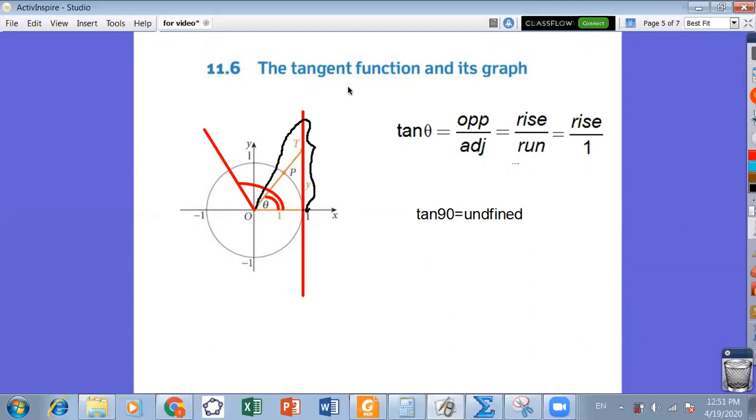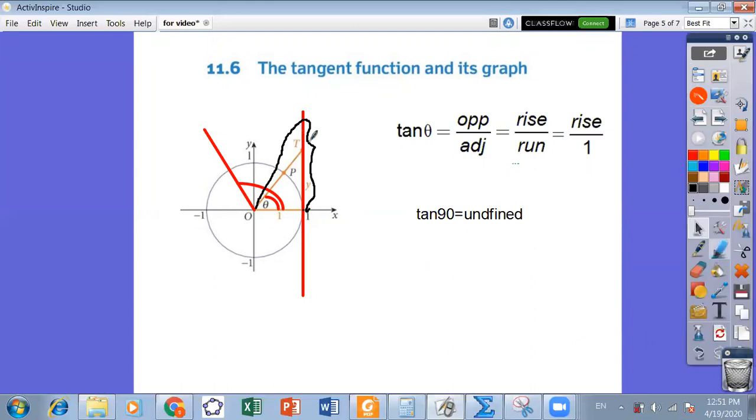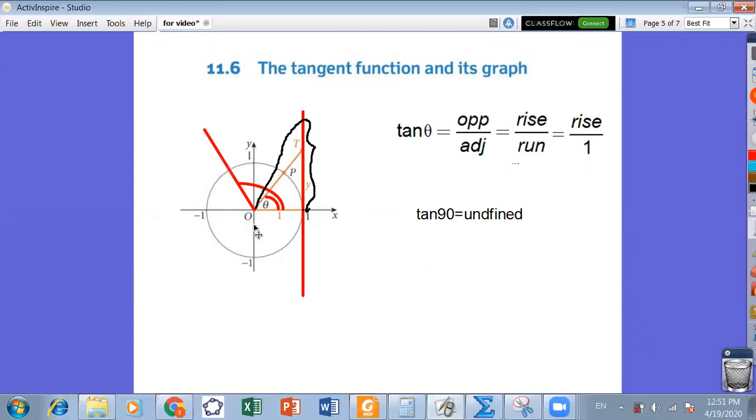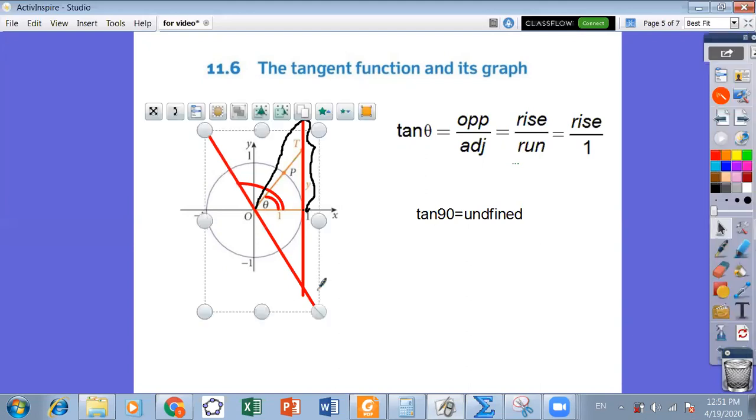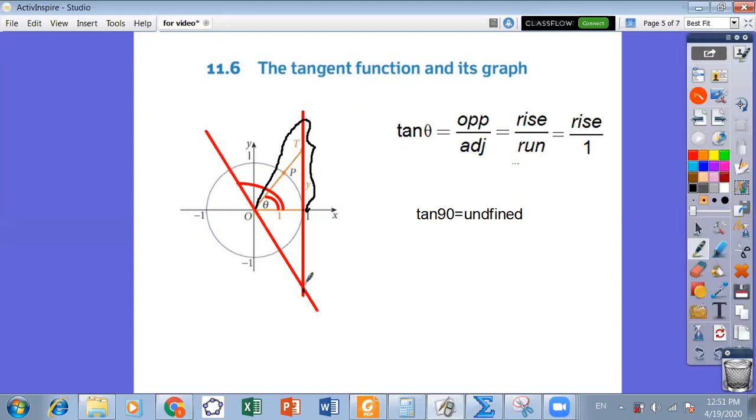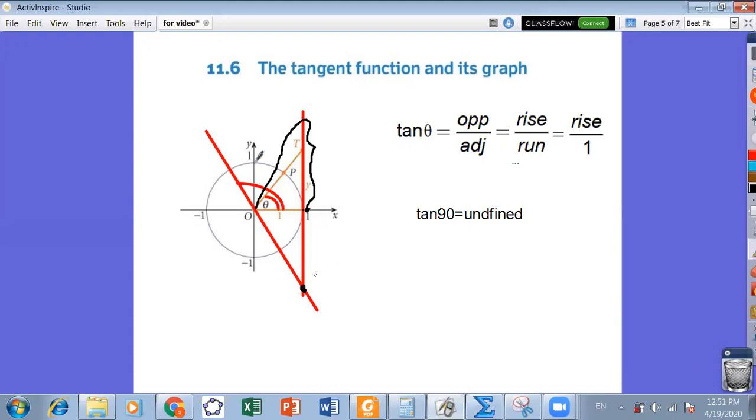You see our straight line is here and they don't intersect each other in this kind of case. To find the tangent, we prolong our line so that it intersects our tangent line at this point. So for tangent 100, an angle greater than 90, we can find it this way.